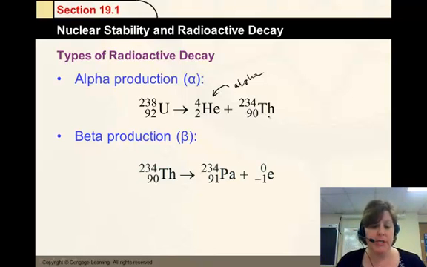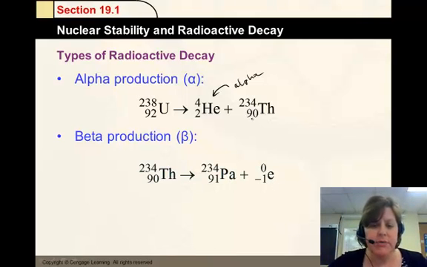What is beta production? Here's an example of thorium-234 undergoing beta production. Beta production is essentially the effect of changing a neutron to a proton. And you can see here 0, -1e, it's like an electron or beta particle, is being produced.